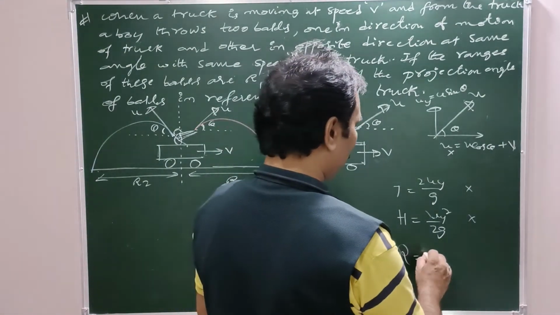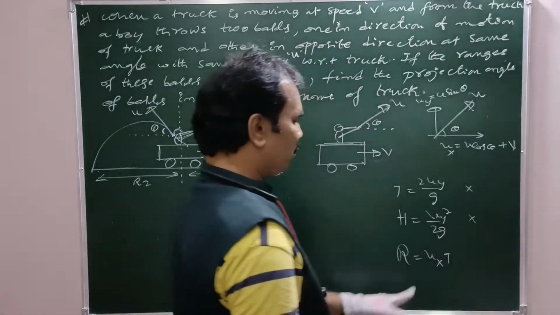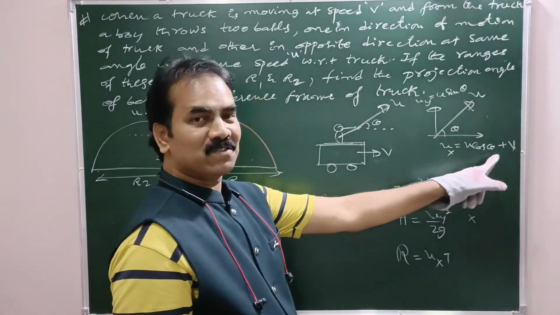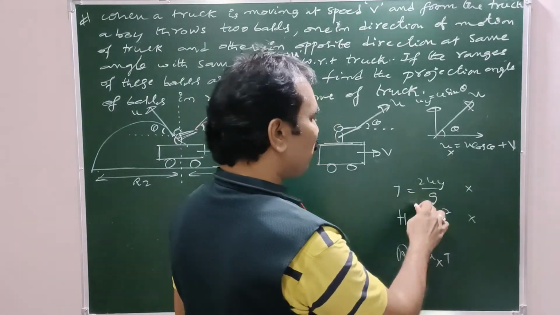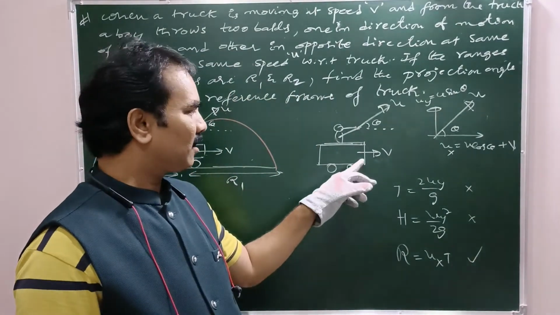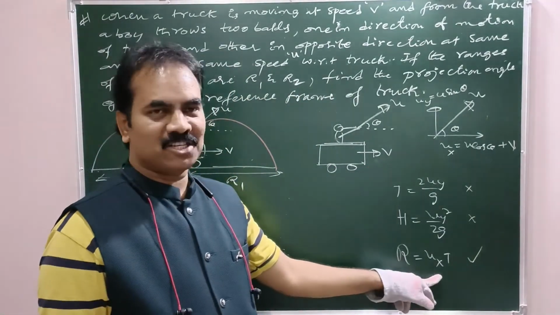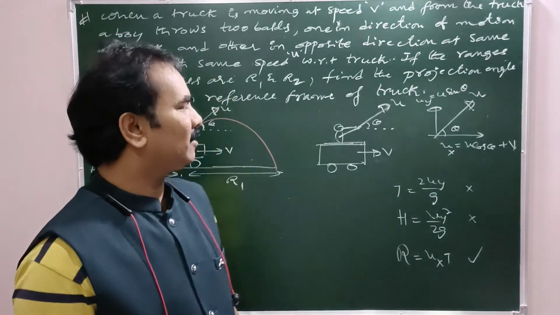Range equals horizontal component into time of flight. What is the horizontal component? u cos theta plus v, into time of flight 2uy by g. So this affects. In this case, the motion of the vehicle affects range, but there is no effect on time of flight and maximum height.